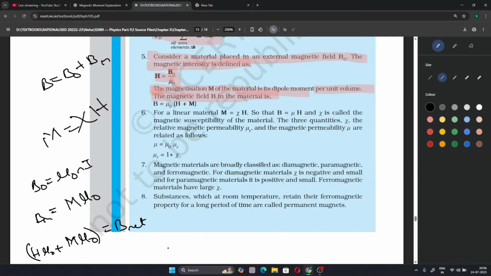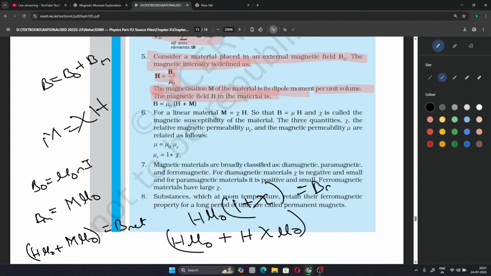Mu naught we can take common, and M is equal to chi into H. So H mu naught plus H chi mu naught, taking H mu naught out, gives 1 plus chi times H mu naught, which equals B net, where H mu naught times mu r, and 1 plus chi equals mu r. This is the magnetic field B net.